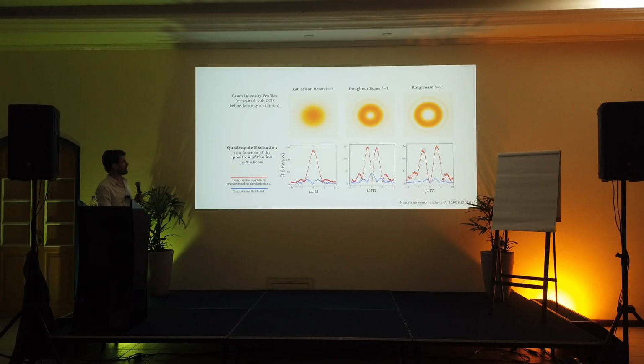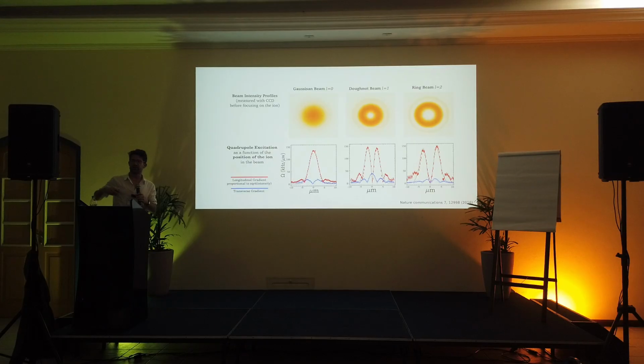So the first thing that we see, what we did is an experiment where we were moving an ion across the beam and we measured the intensity, and we arranged the polarizations and the magnetic field in such a way that, here you see the beam excitation as a function of the ion position across the beam for each of these beams, and there were two configurations that we could choose by changing polarization and magnetic field.